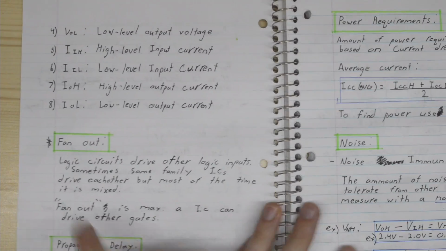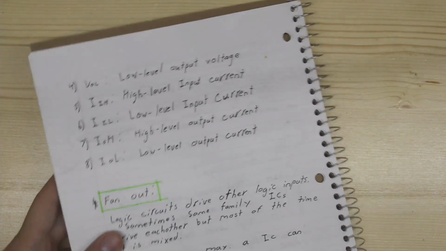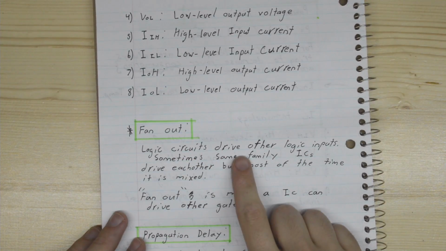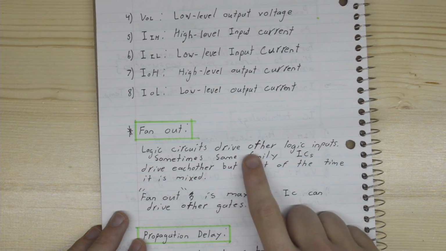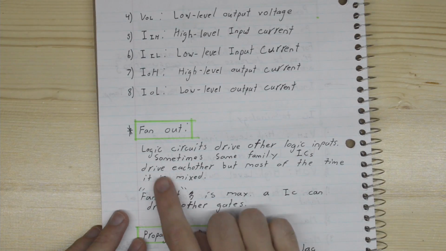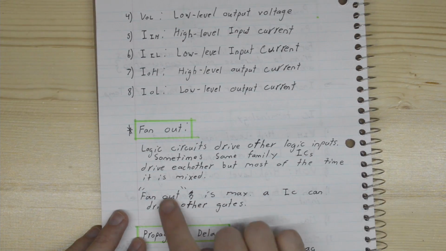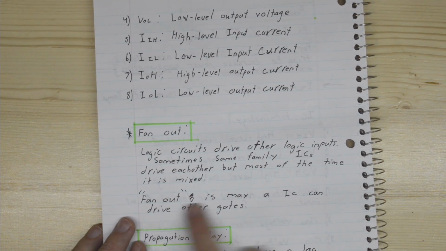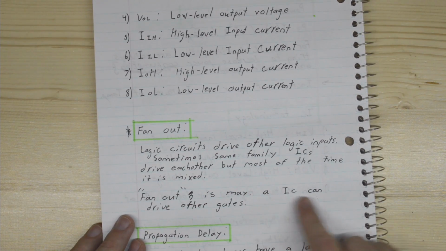So, fan out, as stated here, is a logic circuits drive. Basically, logic circuits drive other logic inputs. Sometimes same family ICs drive each other, but most of the time it is mixed. The term fan out is the maximum number of other gates an IC can drive.